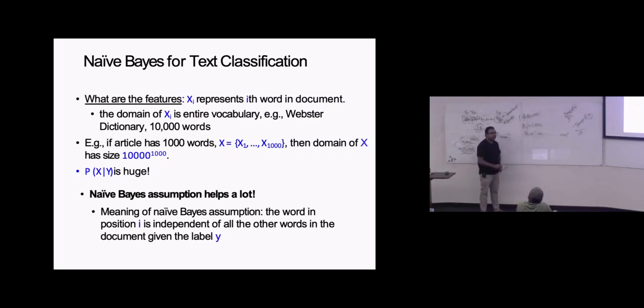It should be a vector, right? In terms of numbers. What are the individual cells of this vector? In a bag of word representation, what does this cell mean?